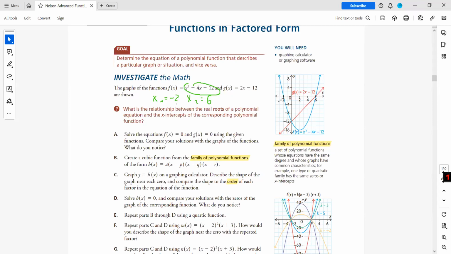And as well for the linear function, here we have only one point because it's a linear function. So one solution basically, if you prefer, is going to be x equals 6. And this is the point where both of these graphs are sharing the same x-intercept.